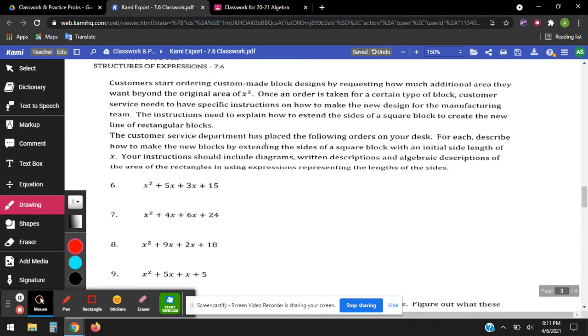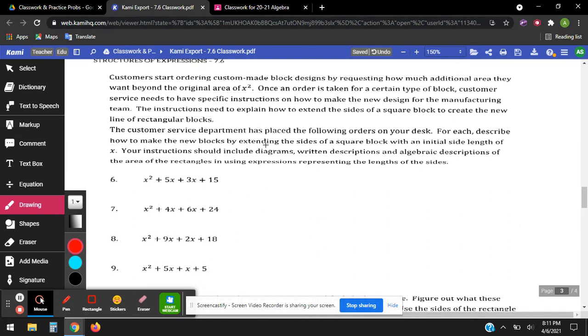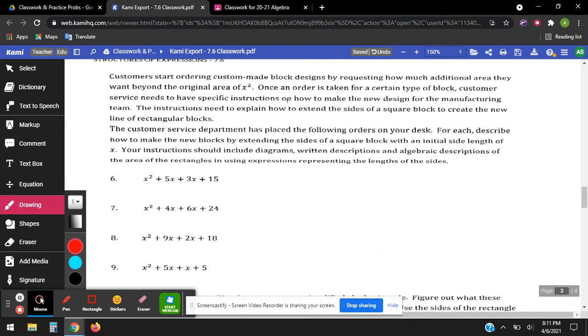So customers started ordering custom-made blocks designs by requesting how much additional area they want beyond the original area of x squared. Once an order is taken for a certain type of block, customer service needs to have specific instructions on how to make the new designs from the manufacturing team. The instructions need to explain how to extend the sides of a square block to create the new line of rectangular blocks.